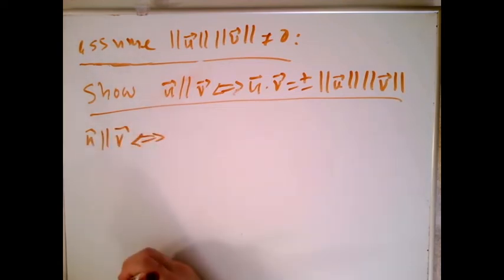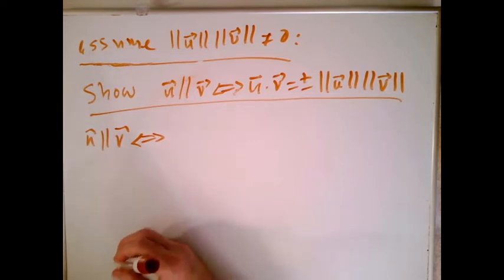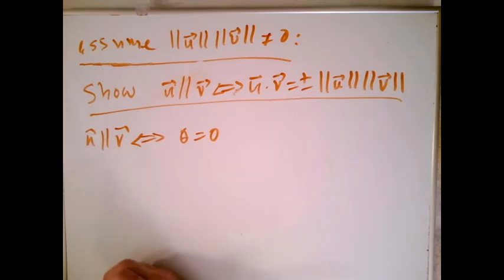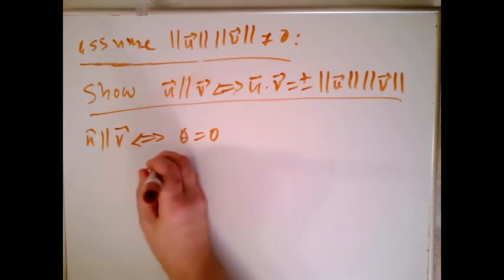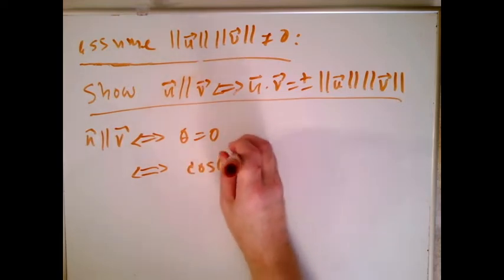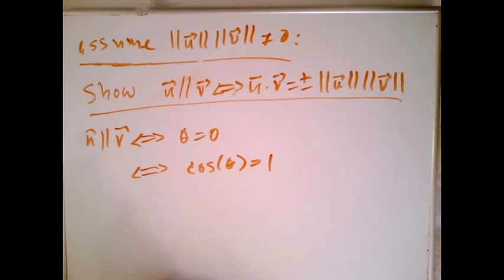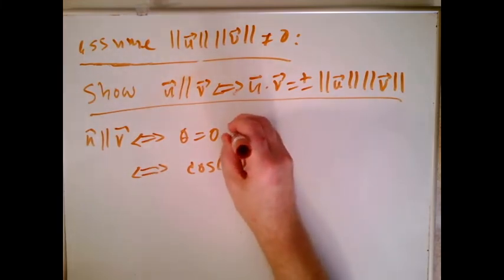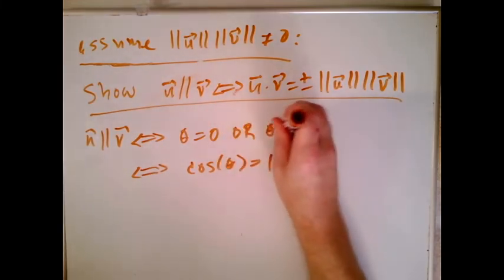Well, again, we're going to use the trig definition of parallel. Two vectors are parallel if the smallest angle between them is 0. Good. Now again, that's going to be true if and only if the cosine of the smallest angle between them is 1. I want to change this just a little bit. u is parallel to v if and only if theta is 0, or, unfortunately, that angle can be as big as pi.